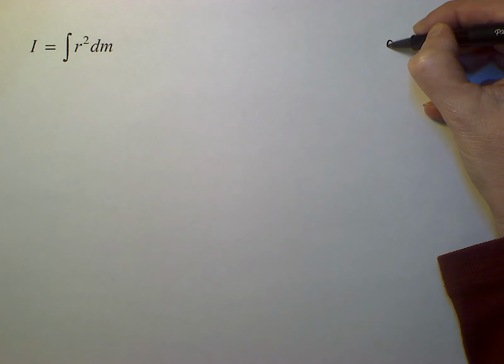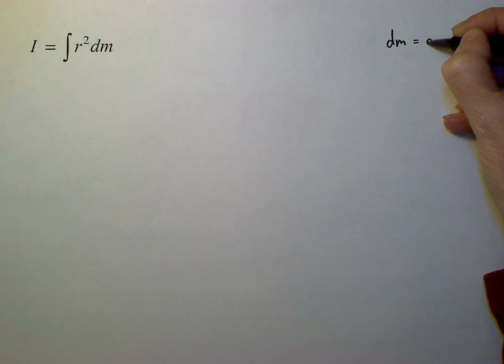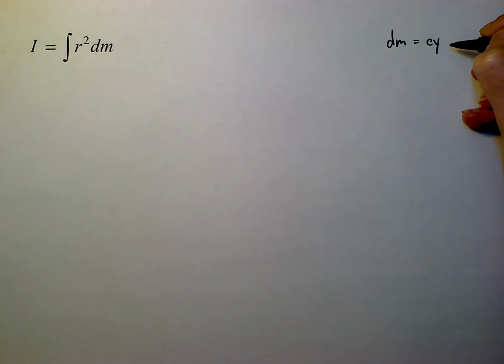So we're going to have to make a little bit of a change here. And this is actually where that linear mass density is going to come into play. So a reminder, I'm going to write this over to the side, that dm is equal to, in this case, c y times dy.